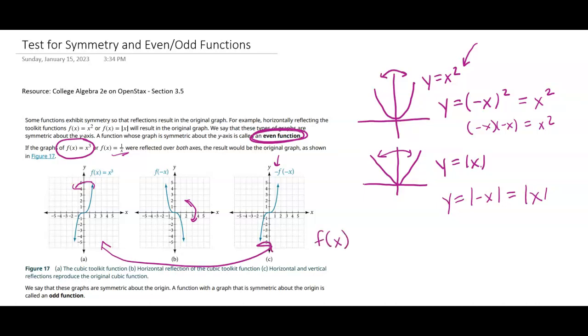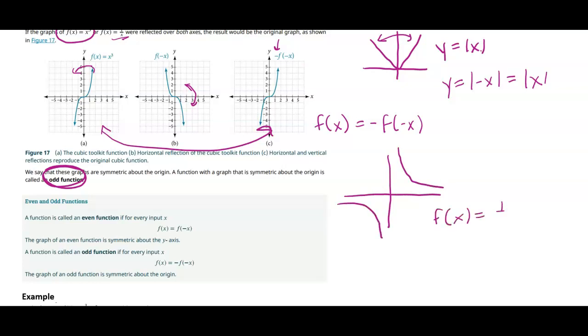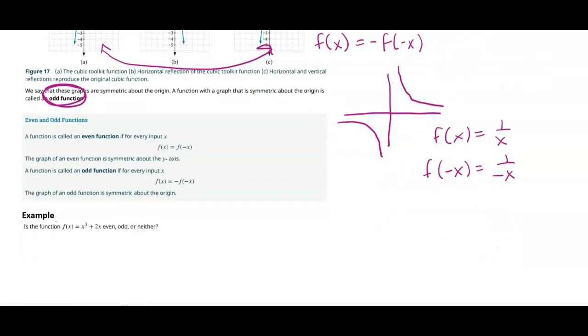So if you have a function where you do a double reflection and you get the same function, we're going to call that an odd function. Again, let's do 1 over x just to show you. If I do f of negative x and plug that in, that's going to be a reflection this way.